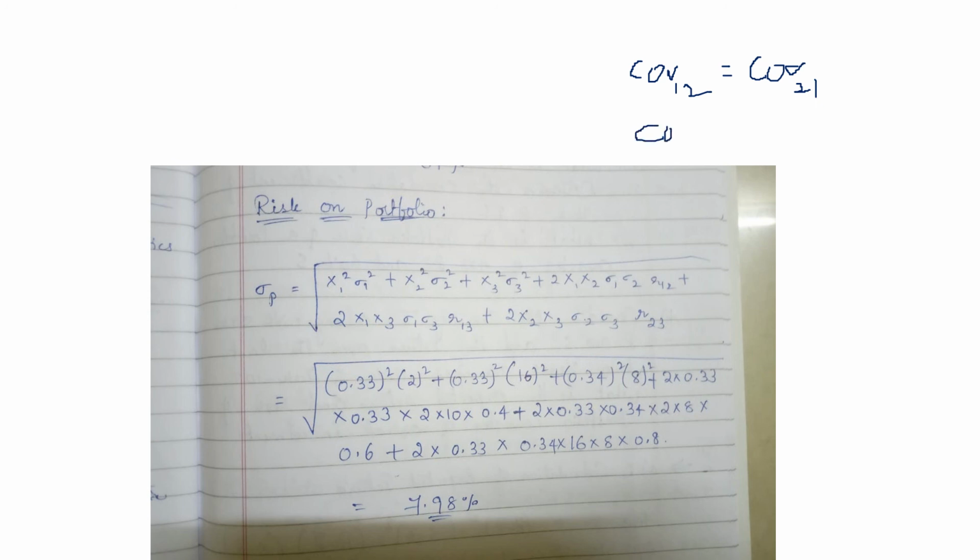Same covariance 1 3 is equal to covariance 3 1, and covariance 2 3 is equal to covariance 3 2.